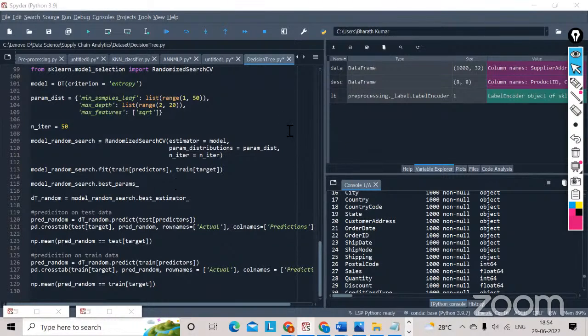If you look at the visualization, this is what you get.